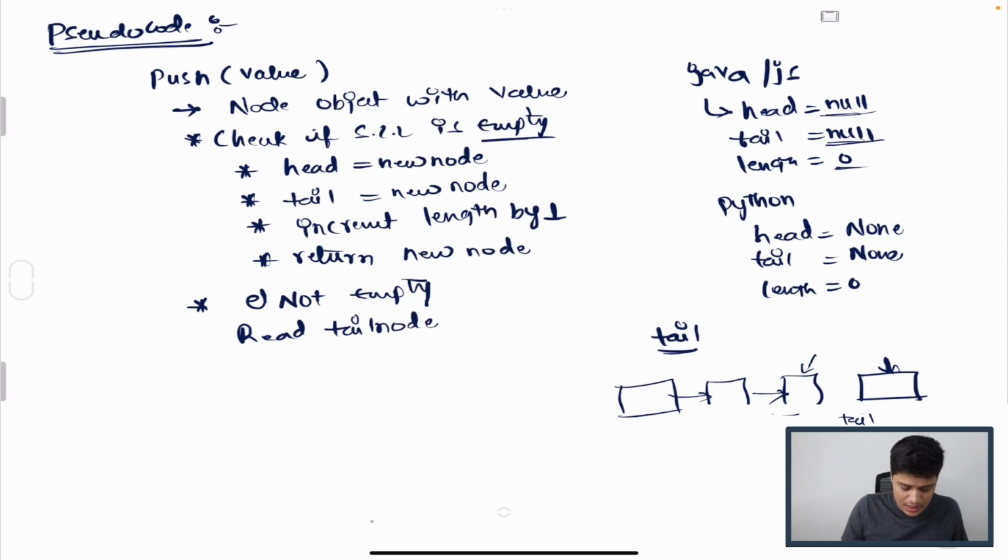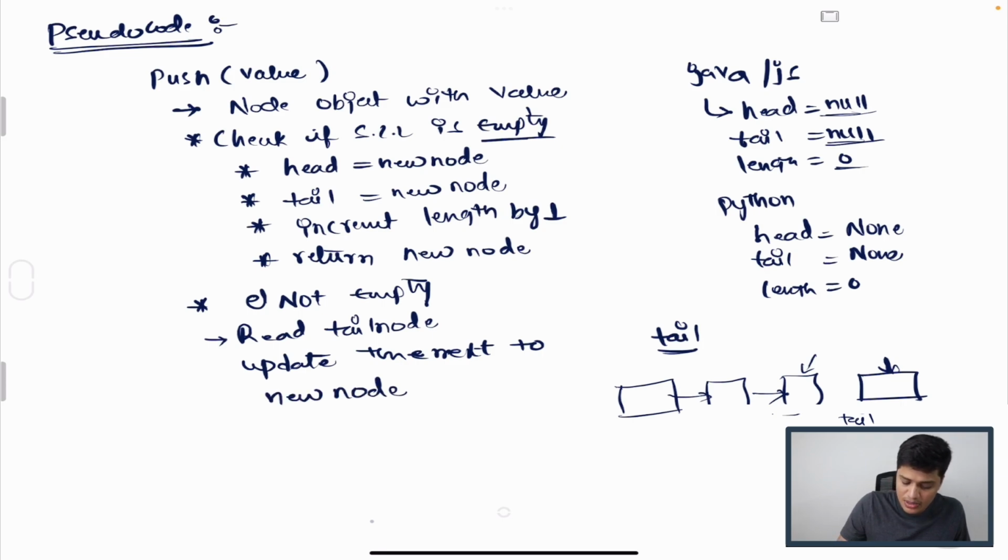In this tail node we will basically update the next to new node. That means we are adding this object reference into the existing tail node. After updating, we have successfully added the new node into the singly linked list, but the tail node is still pointing to the old last node.